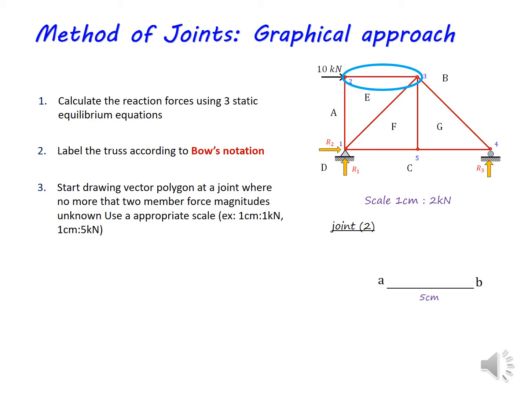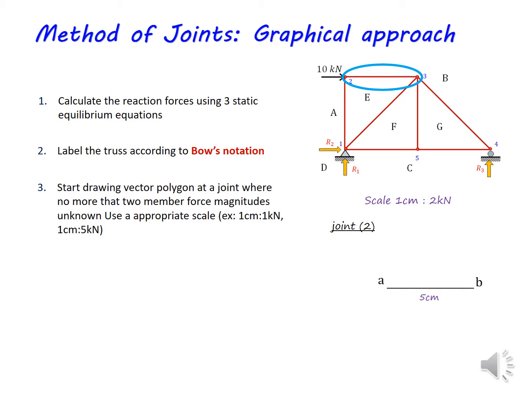Since we can represent this load by BE in the diagram, and we know where B is, if we knew the magnitude of that force, we could mark BE as a horizontal line. But since we don't know the magnitude, we can only mark the line of action.